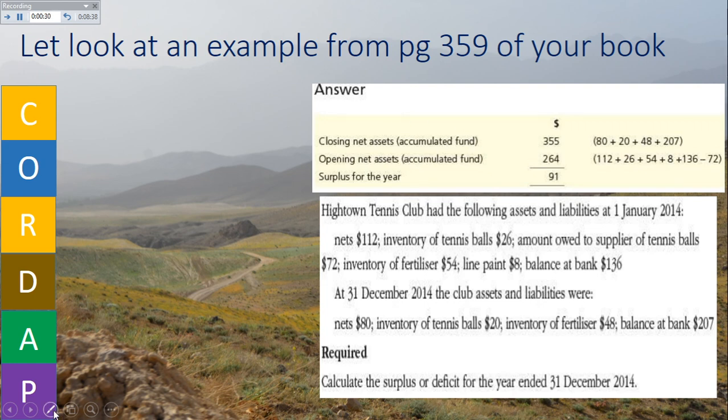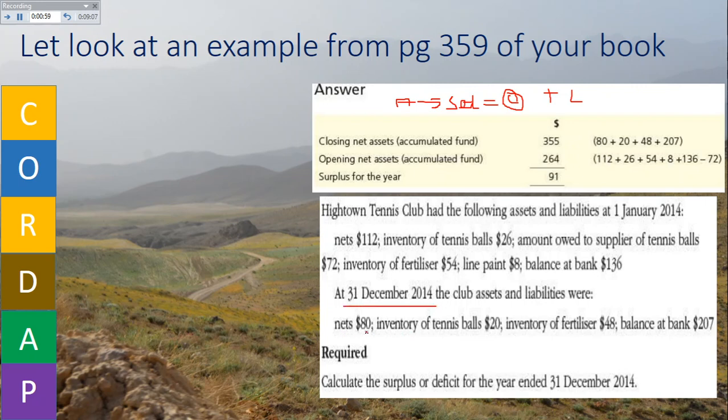Basically you need to remember the accounting equation: assets equals capital plus liabilities. So we are going to calculate the capital, that's your C out here. To calculate the closing capital, we look at the closing data, that's at 31 December 2014.